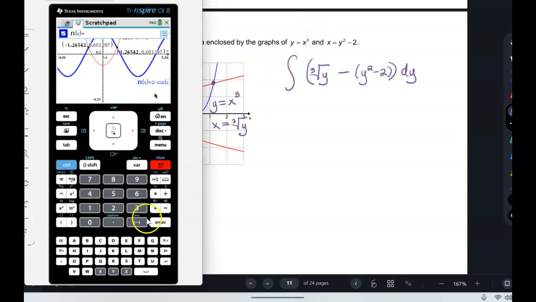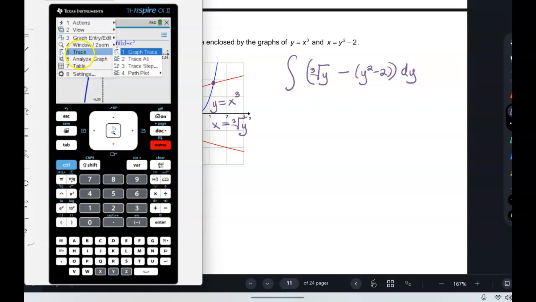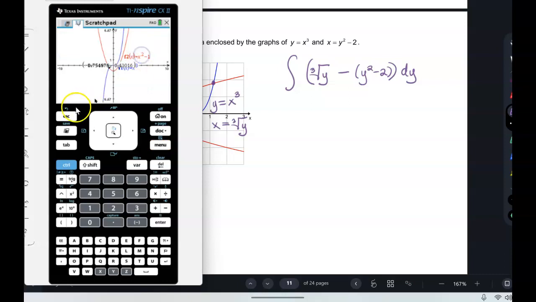So I have y equals x cubed. Okay, so there's my x cubed. I think I'm gonna go back to standard. x plus 2.